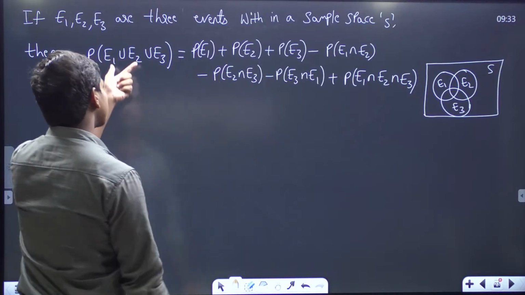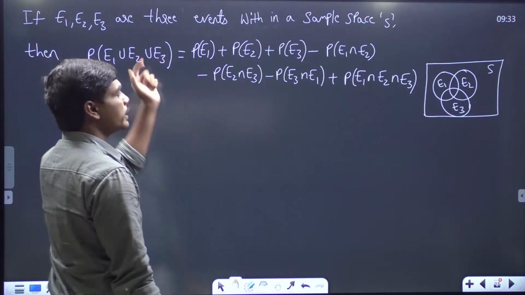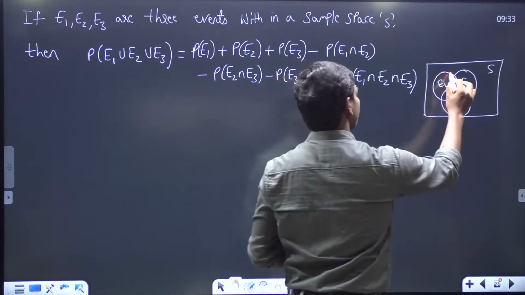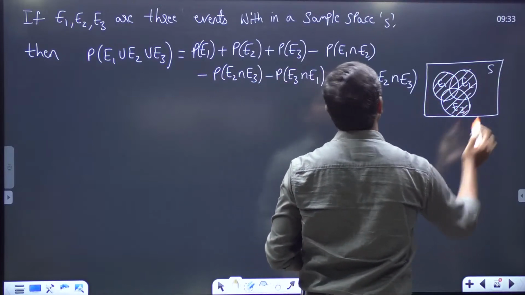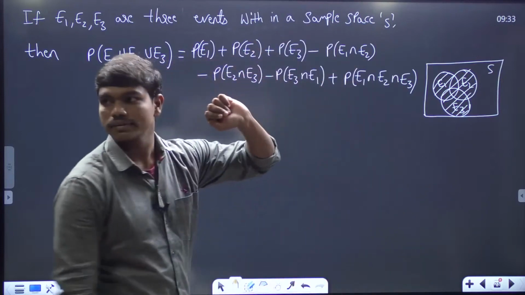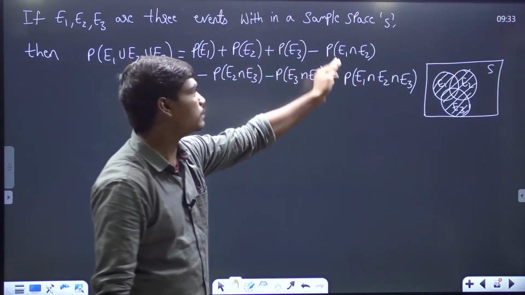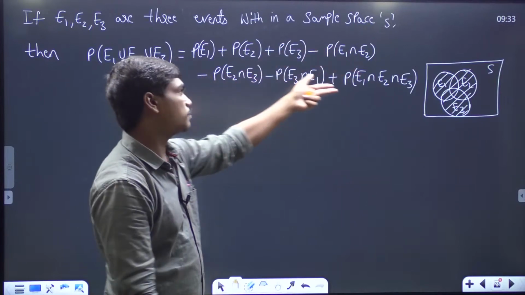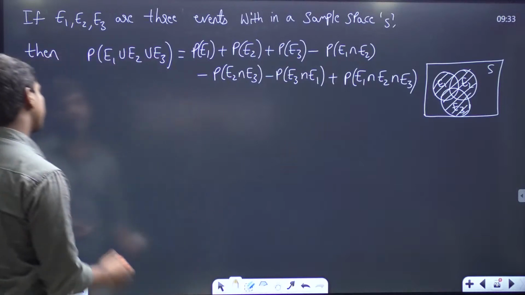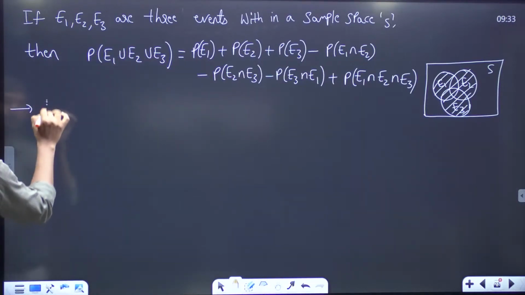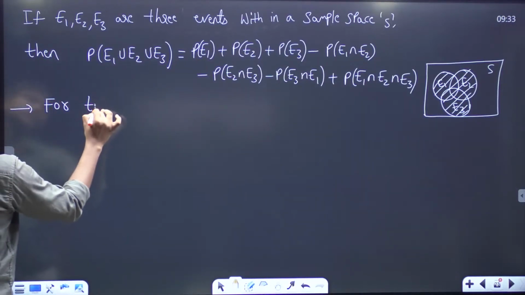If you want, you can check. If you want to check the value of E1 union E2 union E3, the complete region, this value should be equal to what I have written on the right hand side: E1 plus E2 plus E3 minus the pairwise intersections, plus the common intersection of all three. Okay. So for two events, let us see different cases.